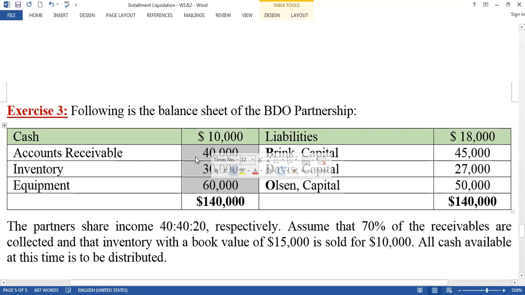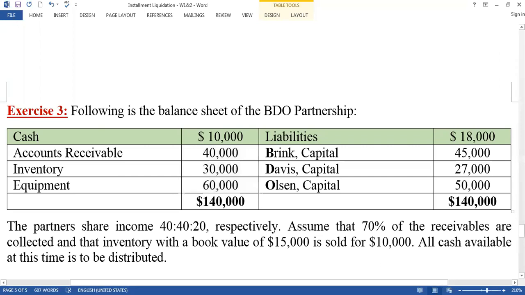So we are going to sell this kind of asset over time, right? Whenever we sell assets over time, first we have to pay the liabilities. After paying the liabilities, if we have remaining cash, this remaining cash is going to be distributed to the partners, not all. Maybe we have to check who has the ability to survive. He or she will receive this cash.